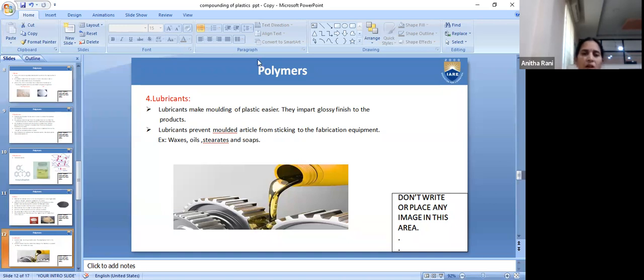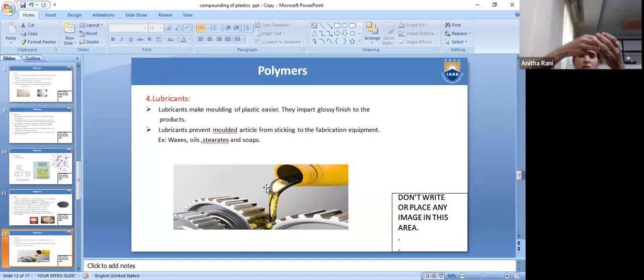In compounding of plastics, we must add lubricants, because when you are making any bottle, cup, plate, plastic chair or plastic table, any of the many plastic items, when we are molding those articles, we have to add lubricating oil in the compounding, that is, into the polymer resin.